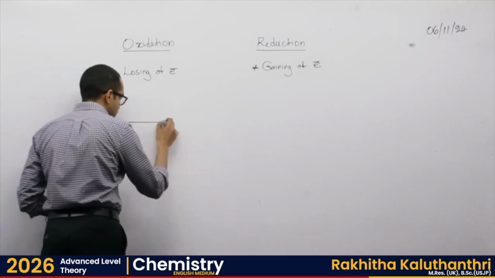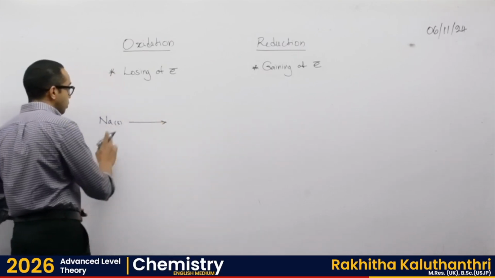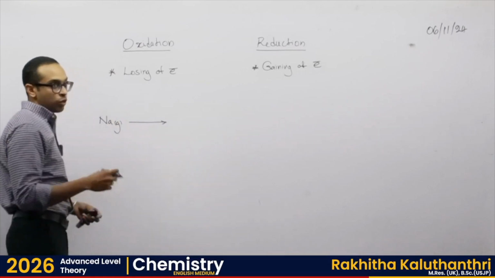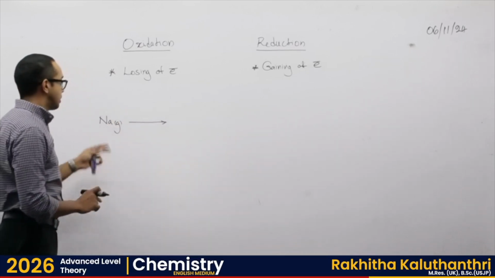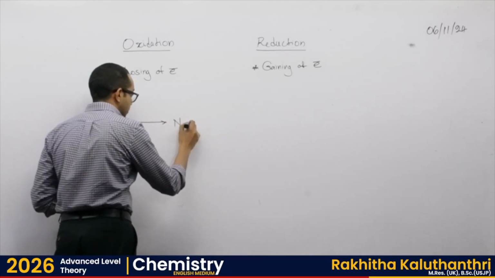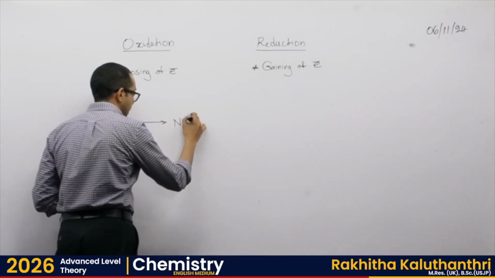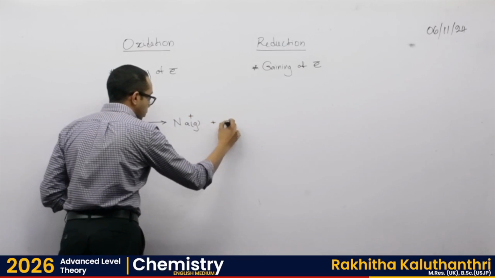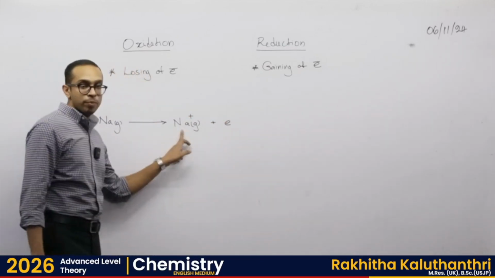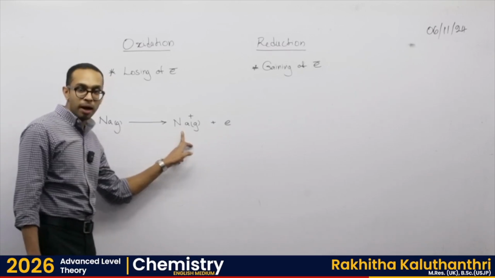So now if you take an element like sodium, we actually normally talk about these things in gaseous state. We know about ionization energies. So let's say if you take sodium atoms, and if a sodium atom loses one of its electrons, or the outermost electron it has, we form a +1 sodium ion.